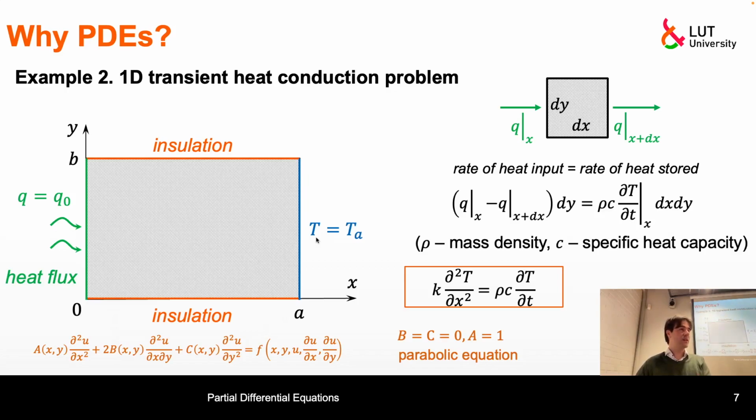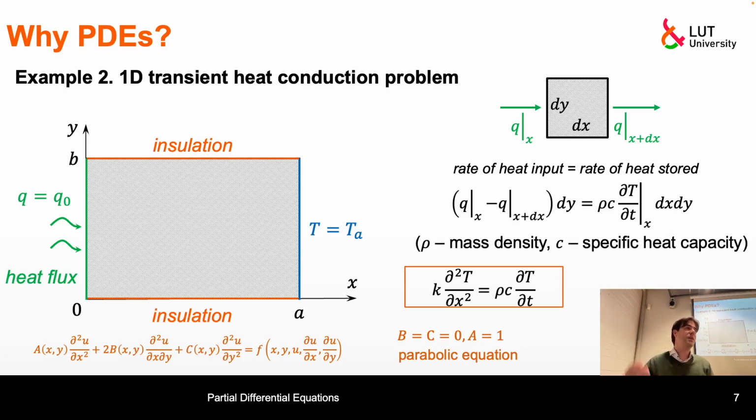But what if, in this case, I'm not interested in a steady-state distribution? Steady state would be the distribution that we see after an infinite amount of time. But what if we are interested in evolution? For instance, there was ambient temperature everywhere in the beginning, and then we apply heat flux according to some law.